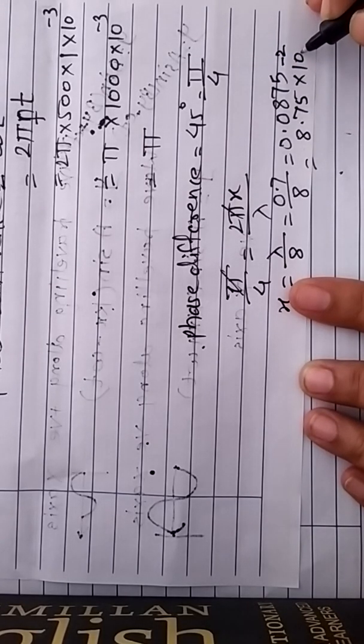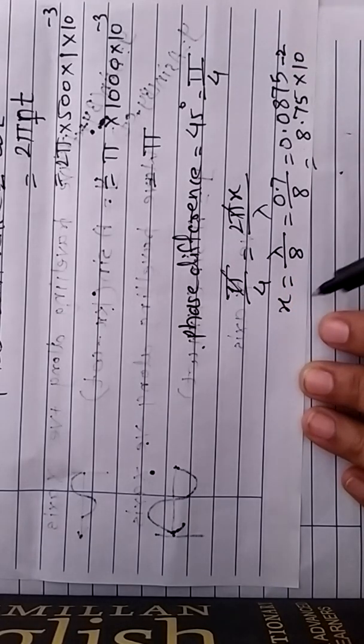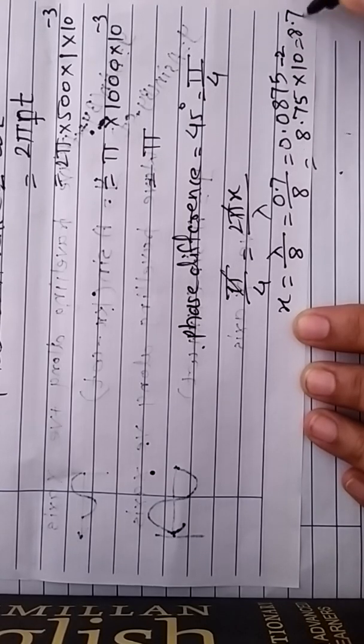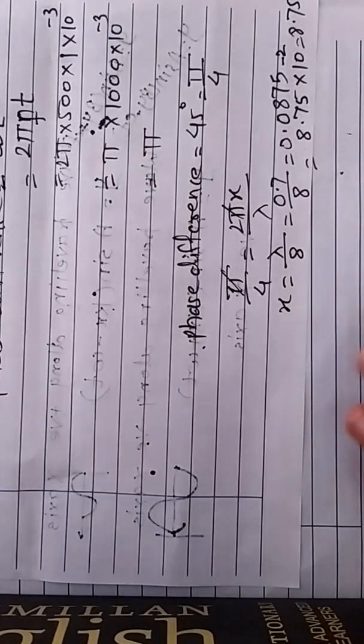That factor 10 raised to minus 2 is the conversion to centimeter. X displacement is measured in meter or centimeter. Therefore, the conversion factor minus 2 denotes 8.75 centimeter.